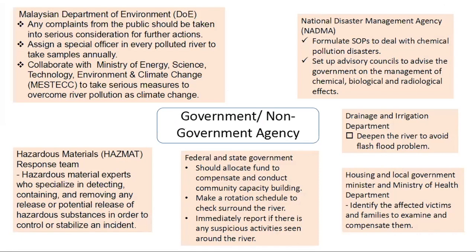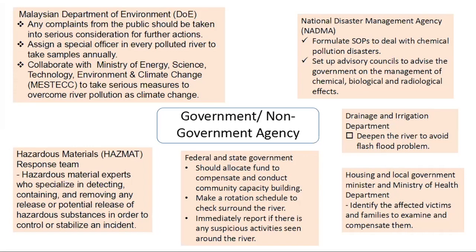We can also assign a special officer to every polluted river to take samples annually, and collaborate with the Ministry of Energy, Science, Technology, Environment and Climate Change, which is MESTECC, to take serious measures to overcome river pollution and climate change.